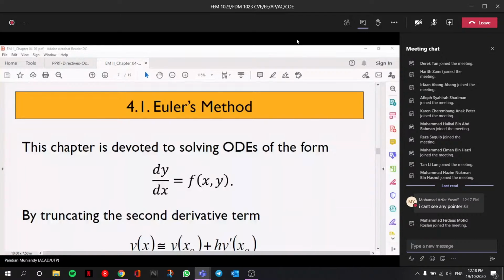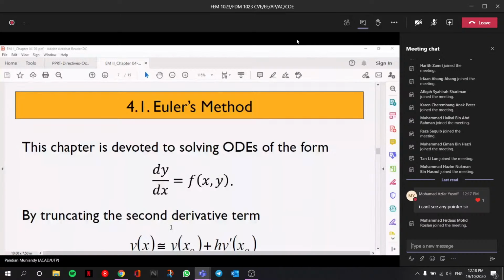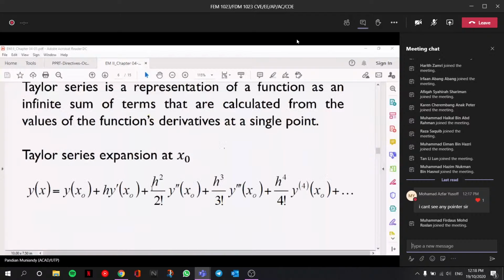So as mentioned in the previous slide, by truncating the second derivative term, meaning you cancel all these terms, then you will have what we call these two terms only.